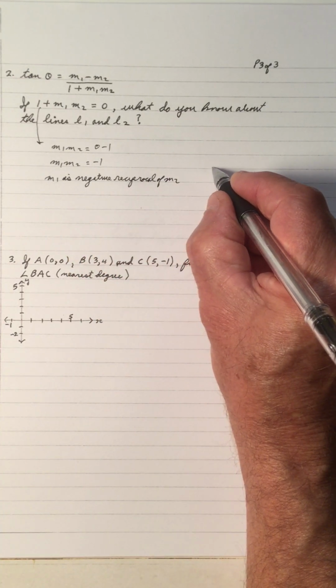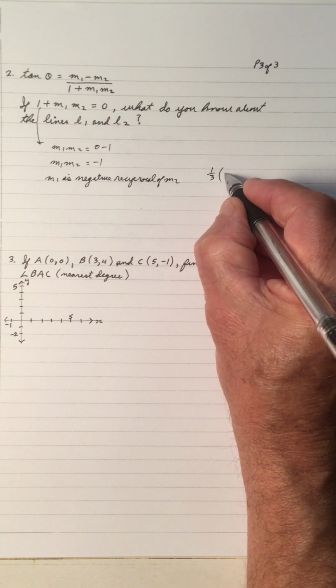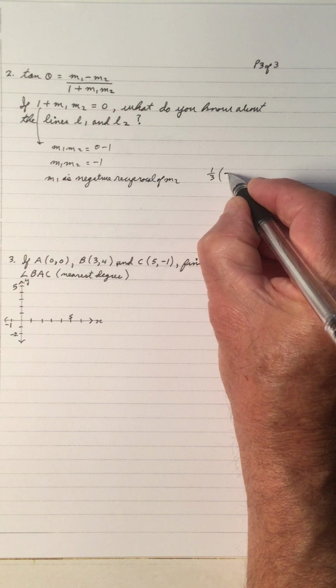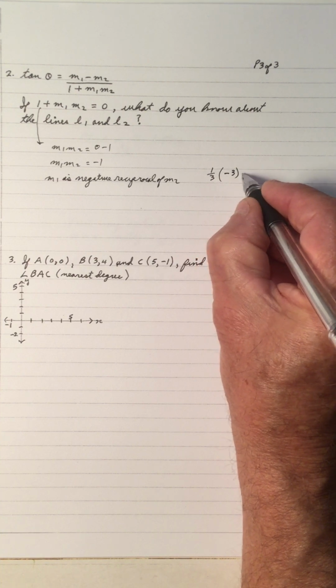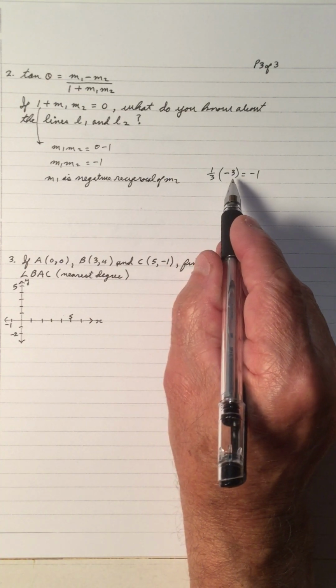So that's like taking 1/3 and multiplying it by the negative reciprocal. We change it to a negative and take the reciprocal, 3. That will give us a negative 1. So they're the negative reciprocals of each other.